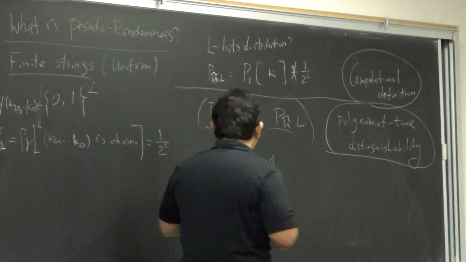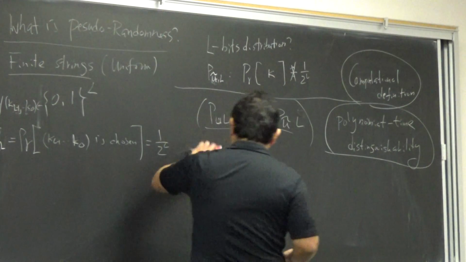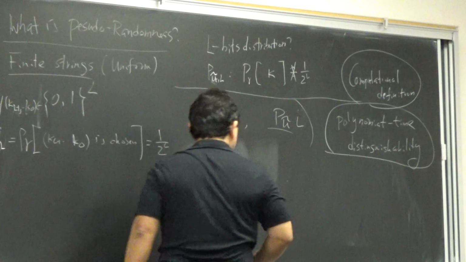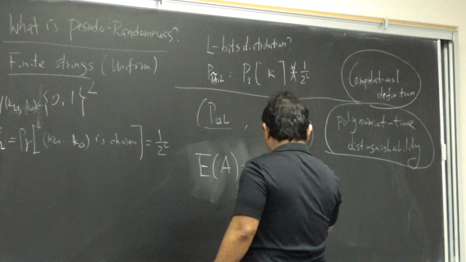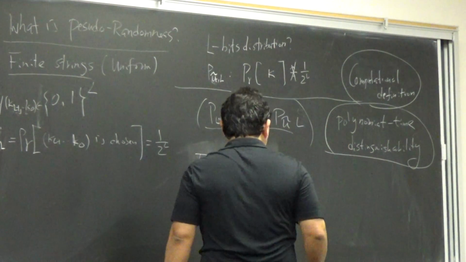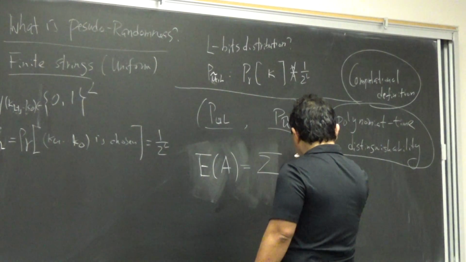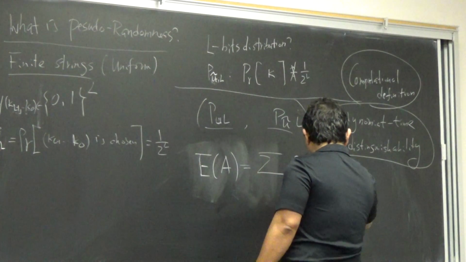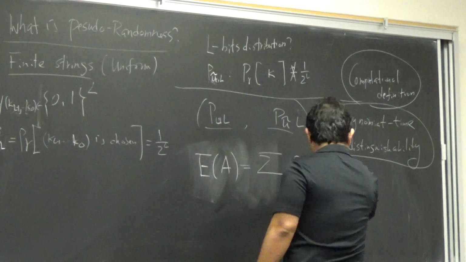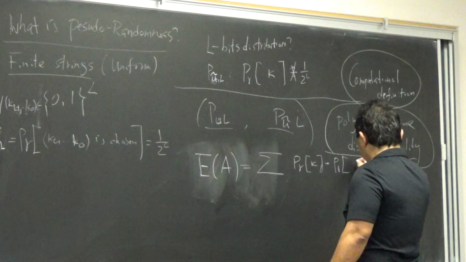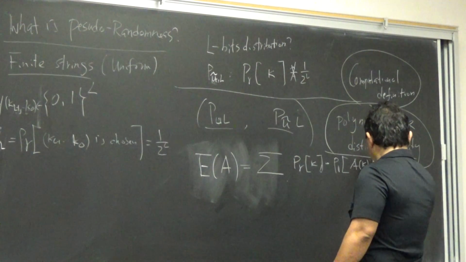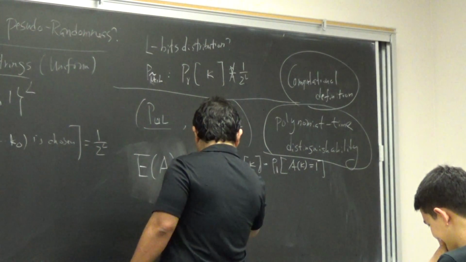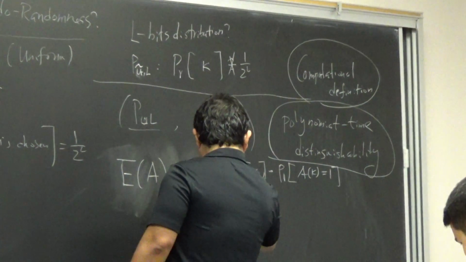If we want to write this way, I can write out the expected value of algorithm A to be, for example, the probability that k is chosen, times the probability that A(k), for all k's belonging to the set.